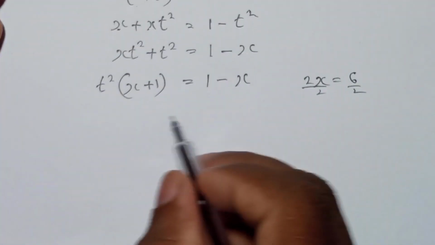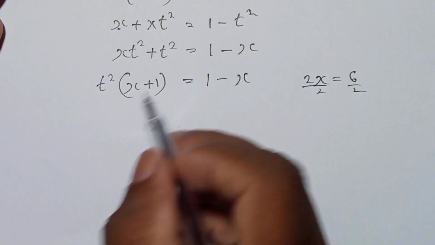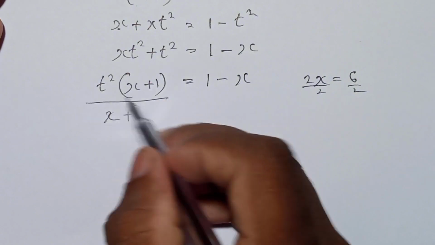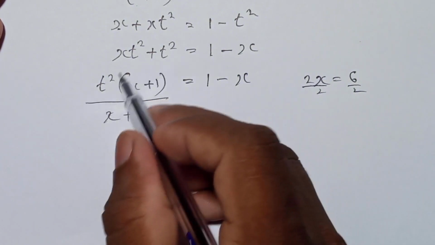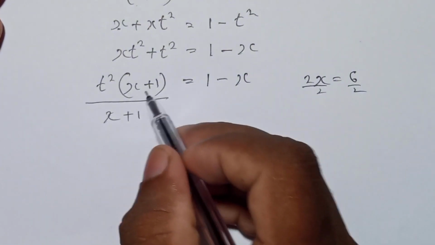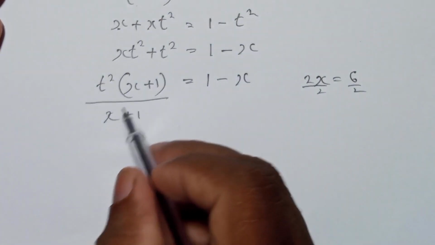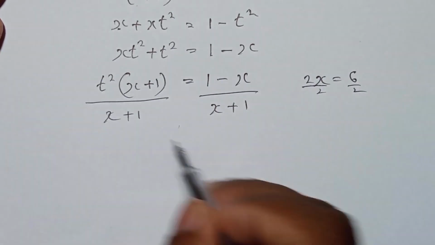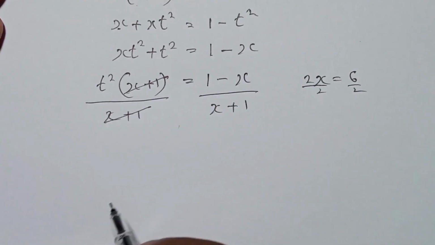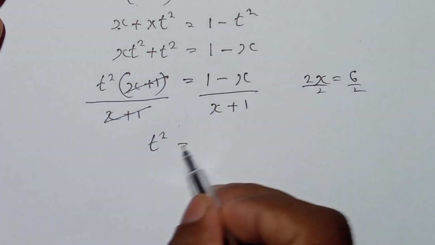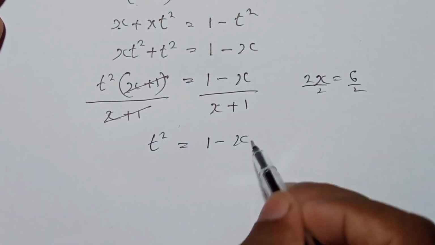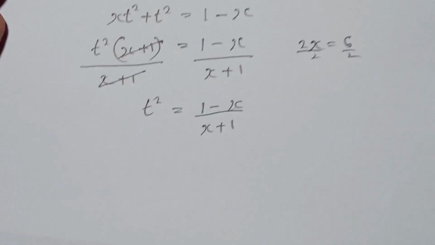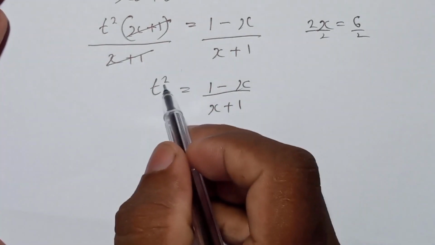Same here, to remove this x plus 1, divide both sides by x plus 1. You can think this is one term, inside the bracket, x plus 1 is one term, right? I divide this side by x plus 1, here also I need to divide by x plus 1. So here x plus 1 over x plus 1 cancels, and you will have t square equal to 1 minus x over x plus 1. Now we still do not have the final answer, because we got t square.